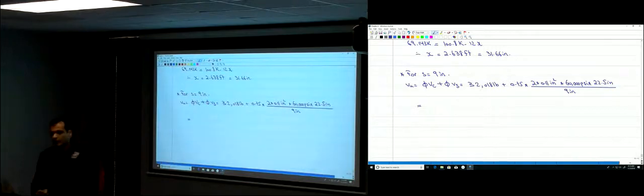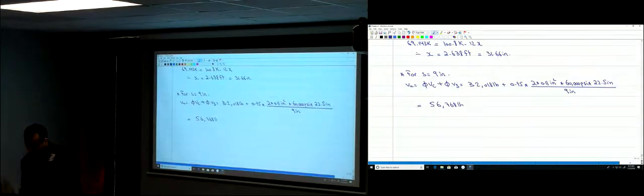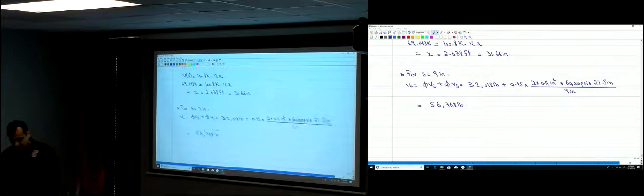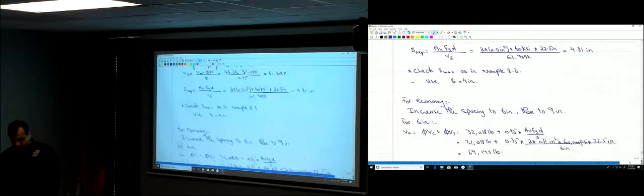Vs is Av fy d divided by s, which is 9 inches. So spacing of 9 inches will provide a shear strength of 56,768 pounds. So that's the strength of spacing of 9 inches.